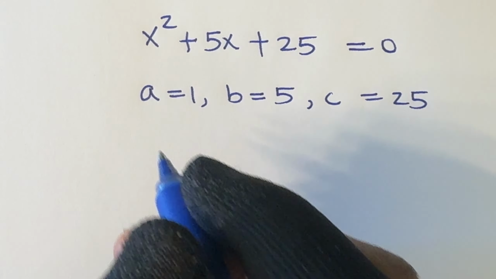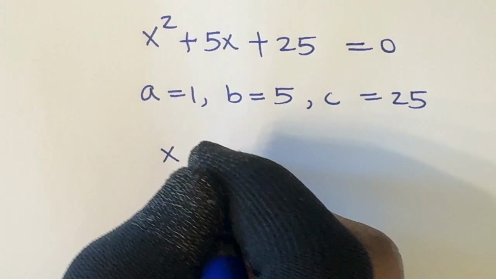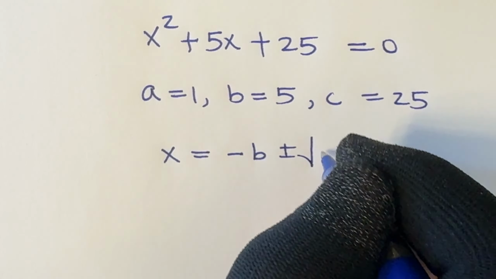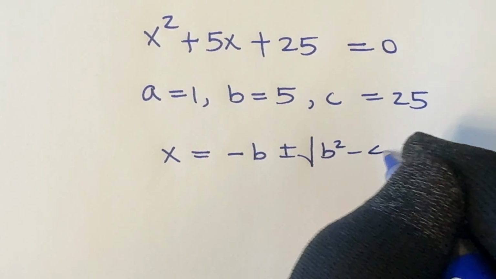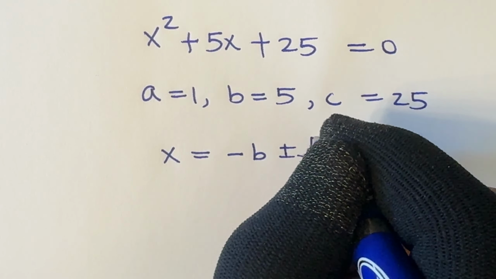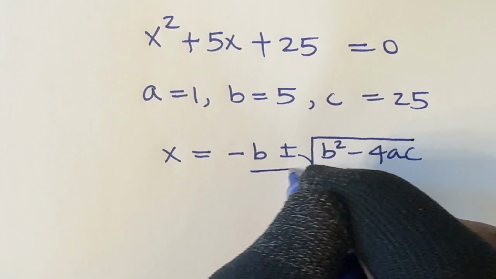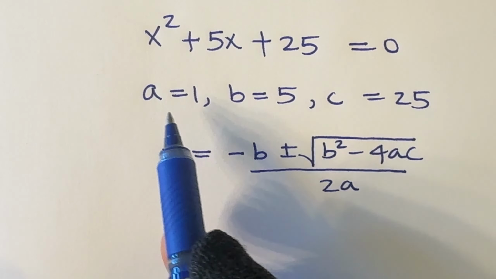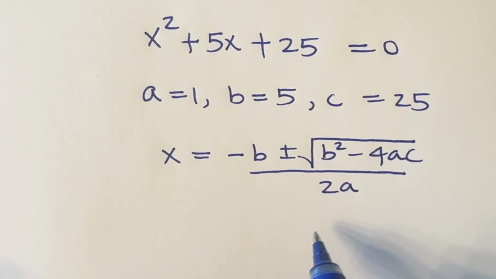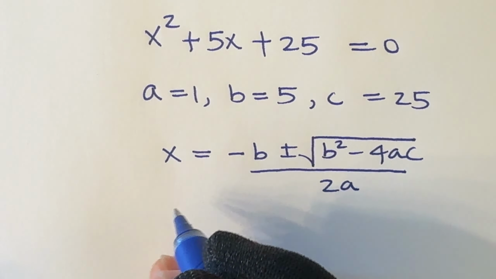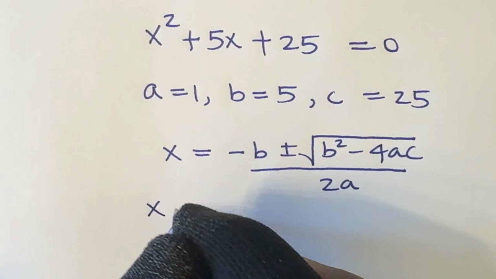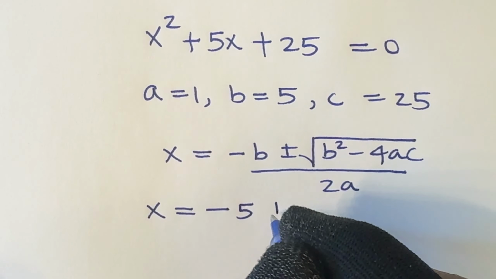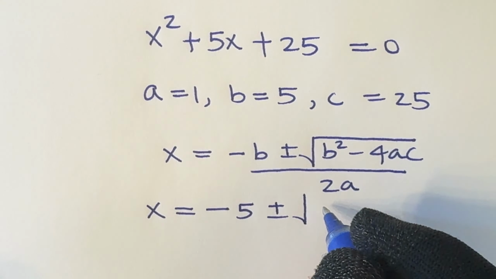The quadratic formula is x equals minus b plus or minus the square root of b squared minus 4ac, divided by 2a. We will substitute each of these values into this equation.